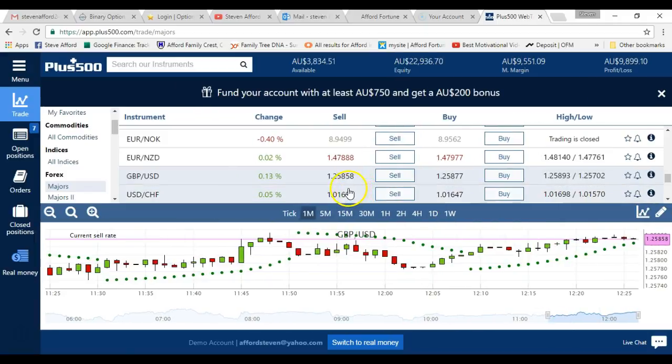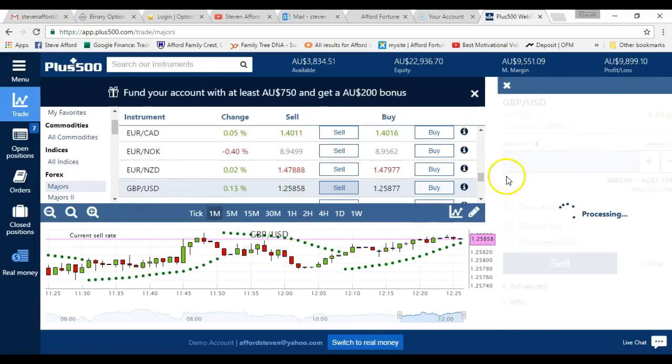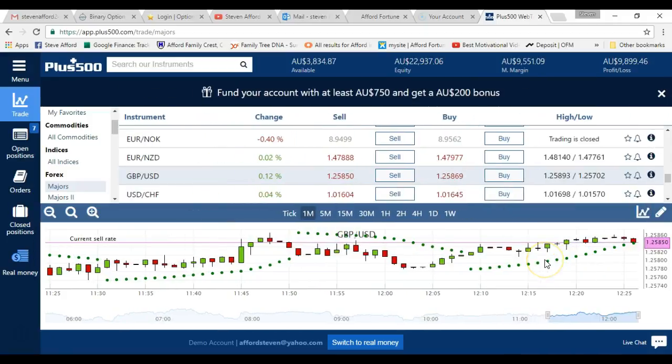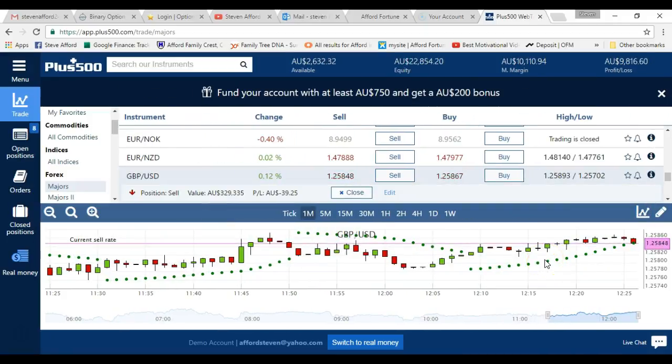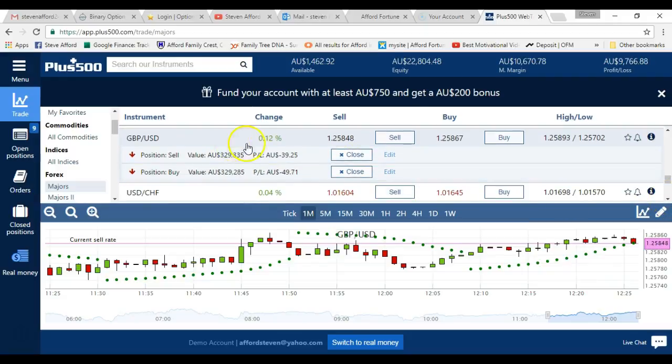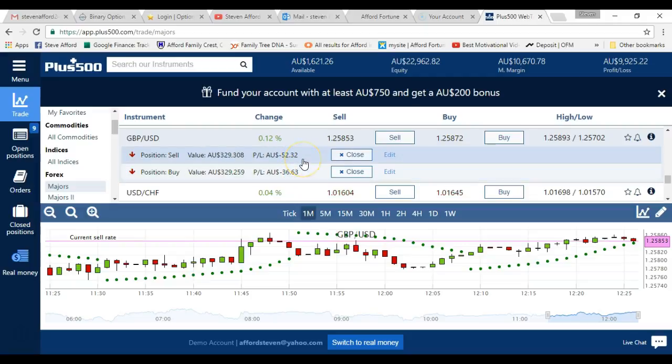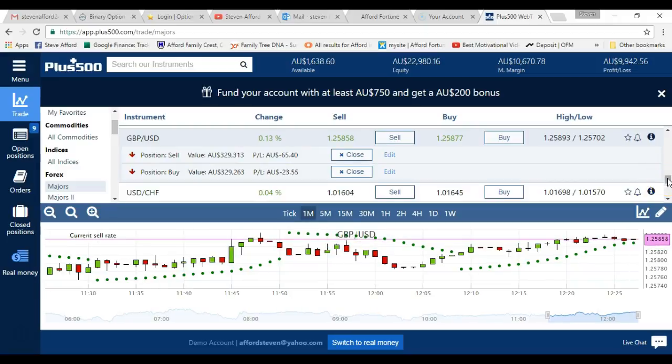Sell, then buy at the same price, relatively at the same time. So both positions open at the same time. As you can see they're both open. See how they're losing and gaining at a similar sort of rate. It's not going to be perfect, but anyway, you might ask, what the heck is it for?